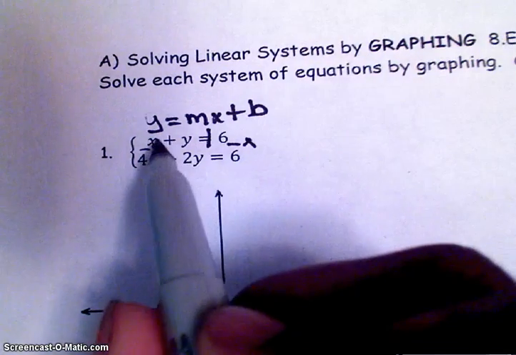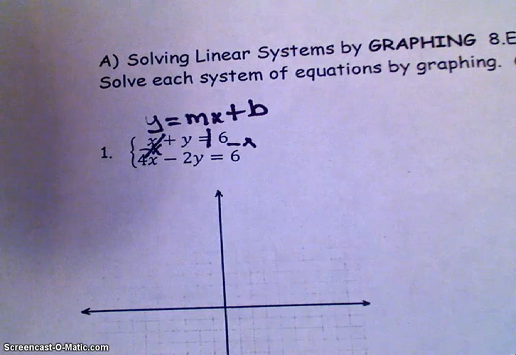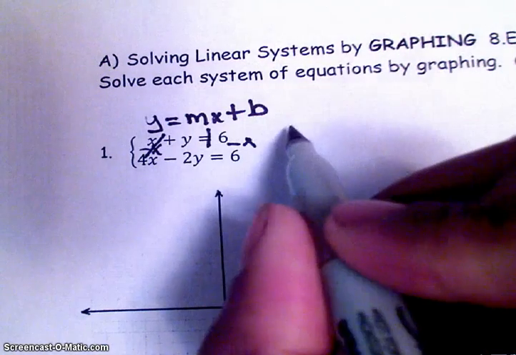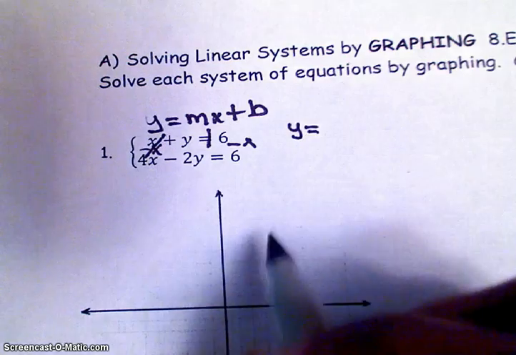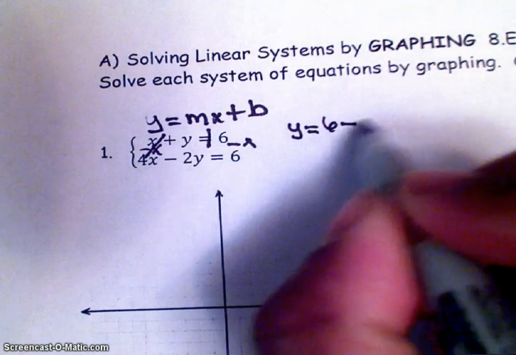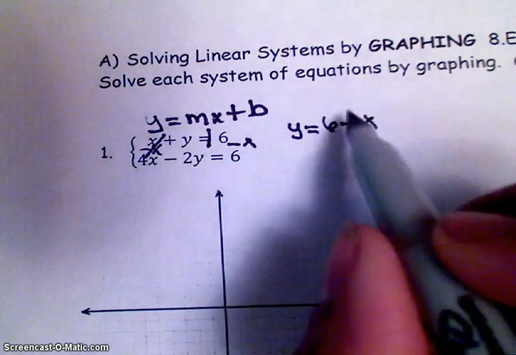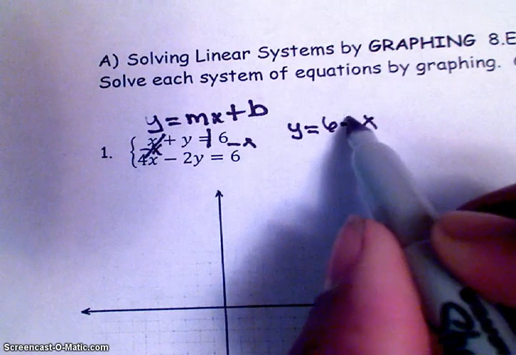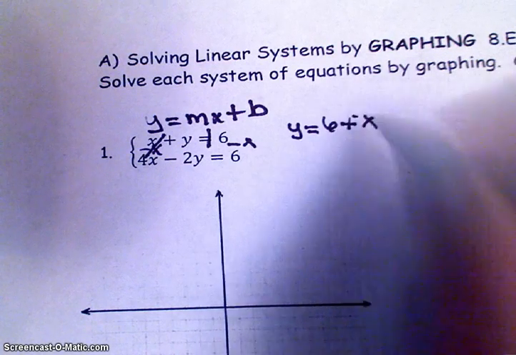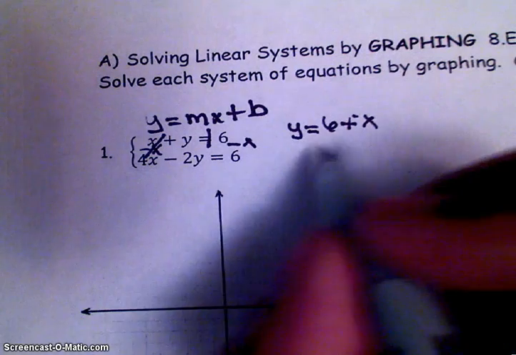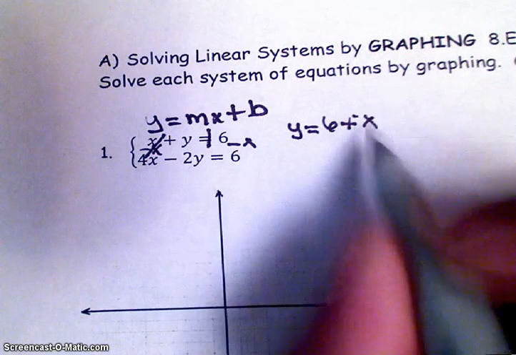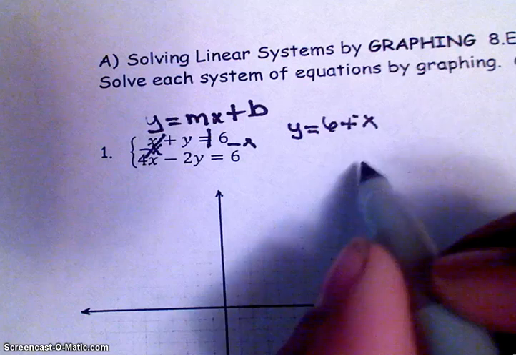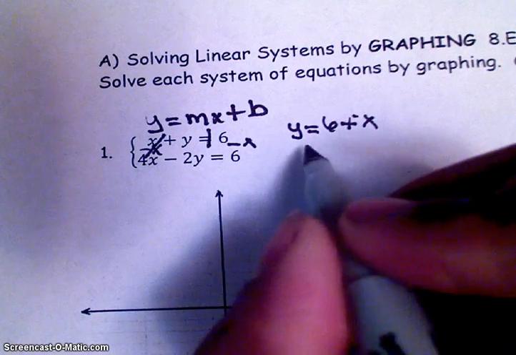When I do that, these x's simplify to be 0, and I'm left with y equals 6 minus x. I'm going to change that minus to add the opposite. Once I do that, I can see that my slope, the number in front of the x, is going to be -1.